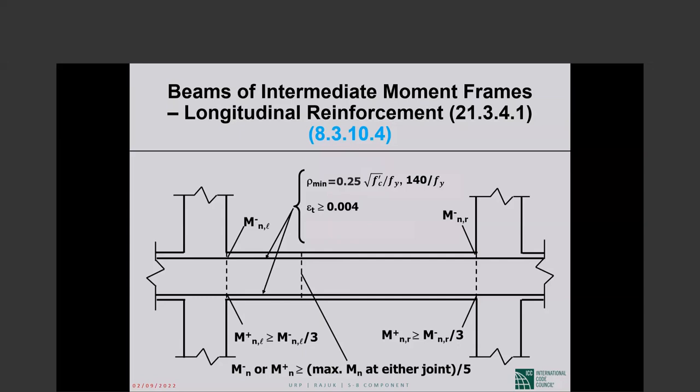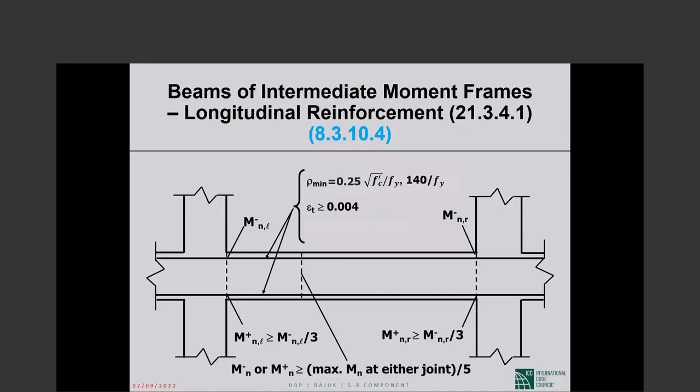So two continuous bars top and bottom remain. The minimum is the same as for special moment frames, but the maximum has gone back to non-seismic construction. It's not 2.5% anymore. All we are saying is net tensile strain shall not be any smaller than 0.004.